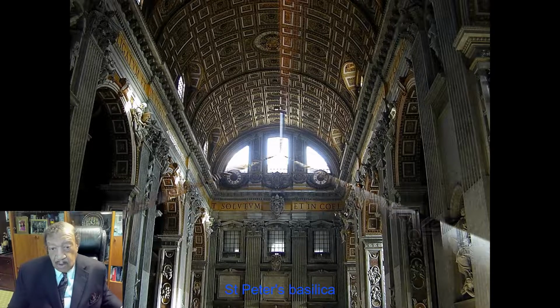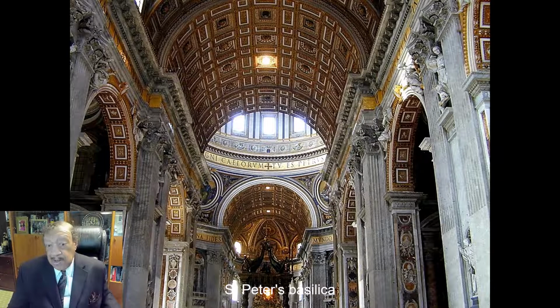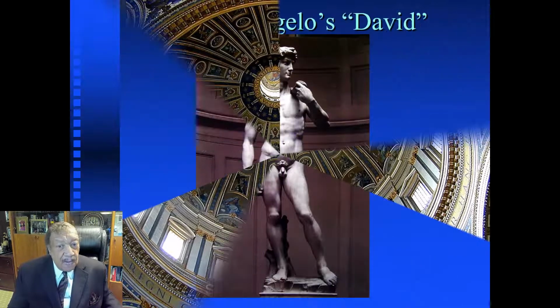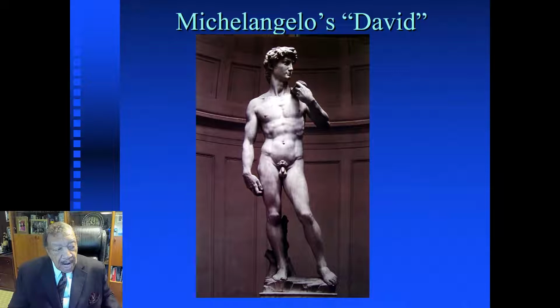This is what we call a part of the transept. But St. Peter's Basilica is the largest Catholic church in the world. It is a magnificent piece of architecture, one that you will want to stay, but you can appreciate the design work of Michelangelo Buonarroti. Another one of his famous works is his David.